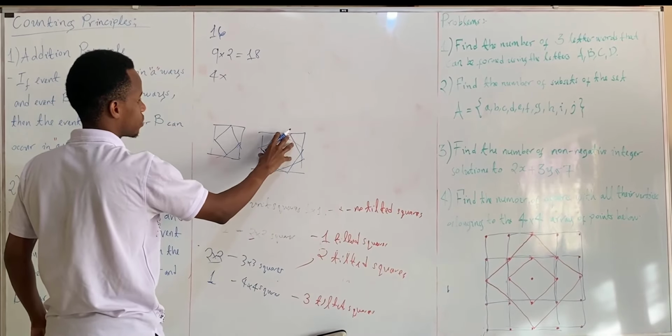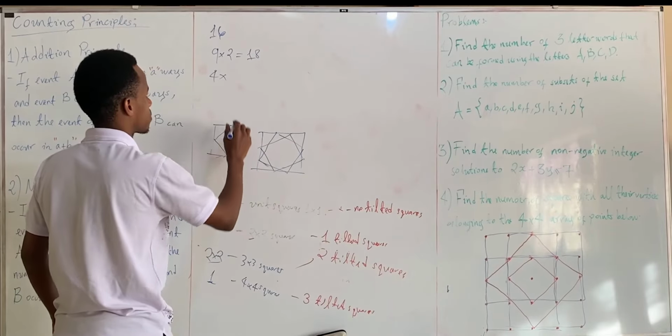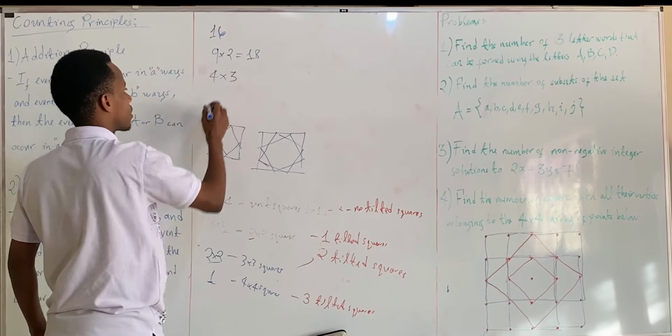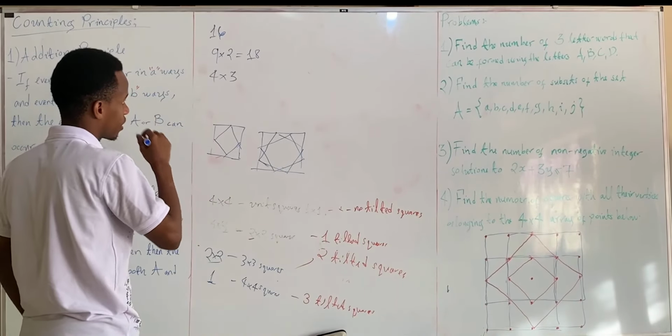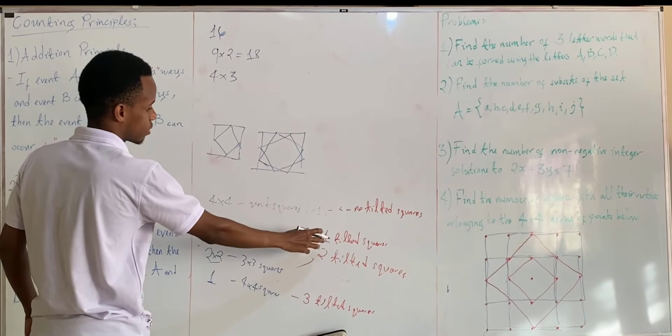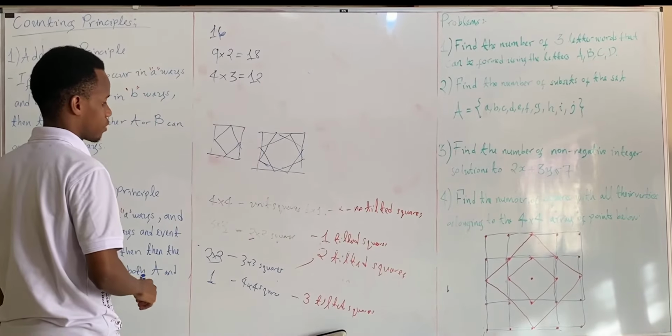So we have 1, 2, and 3. We also include the original 3 by 3 square. So in this case, we have 2 tilted squares plus that extra one. We get 3 for each of the 3 by 3, and so in this case, we get 12 squares.